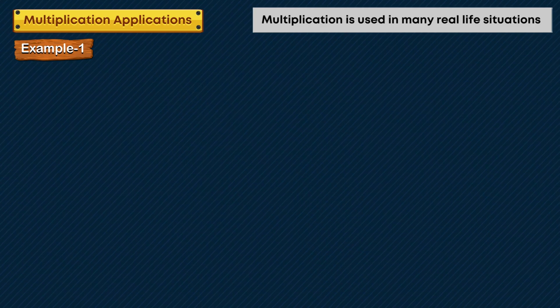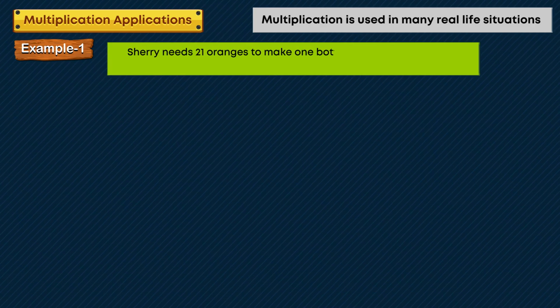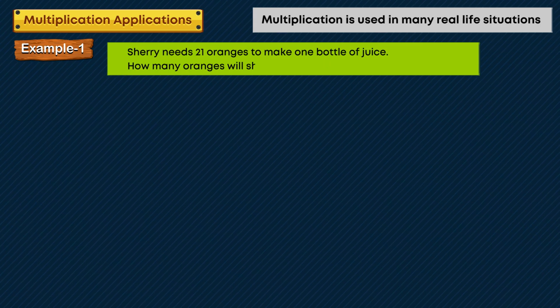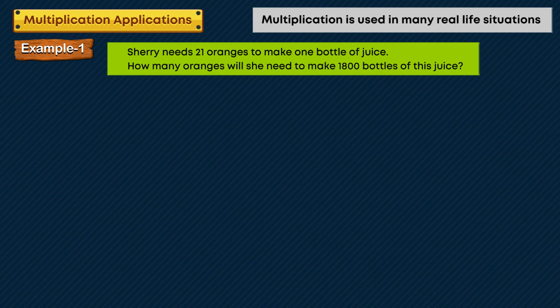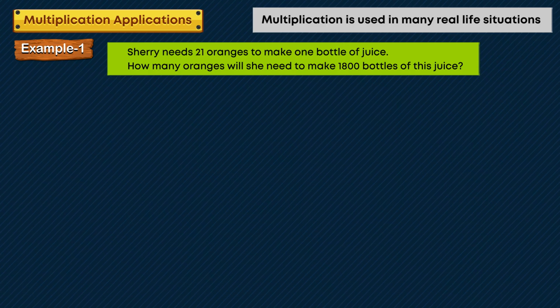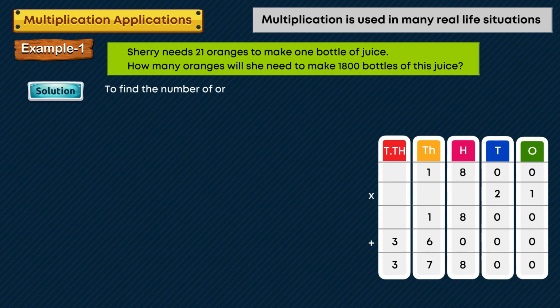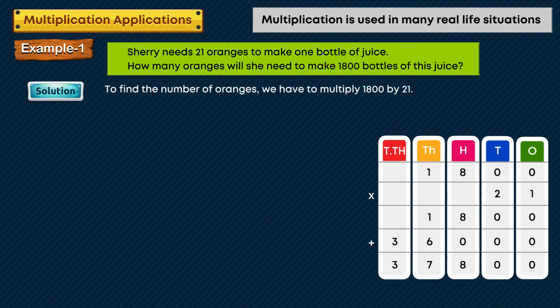Example 1. Sherry needs 21 oranges to make 1 bottle of juice. How many oranges will she need to make 1,800 bottles of this juice? Solution: to find the number of oranges, we have to multiply 1,800 by 21.